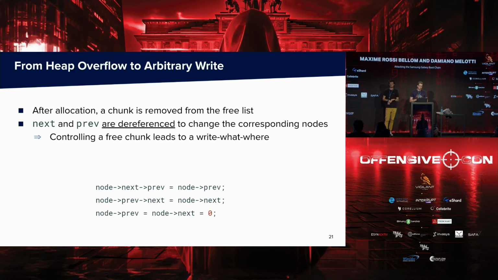So by controlling the prev and next pointers of the current chunk that is being allocated or dereferenced by the system in order to access the next and previous chunk and make them point to each other, by controlling the header of one chunk, it can lead to a write-what-where primitive, with the only constraint that both values must be writable addresses.